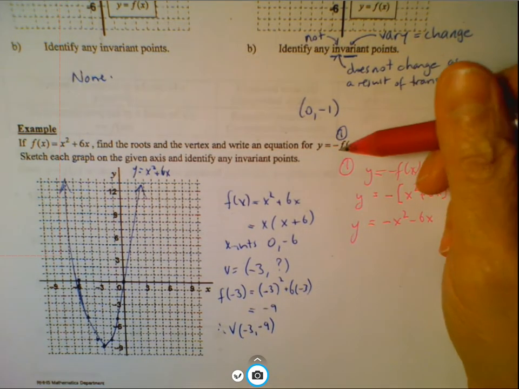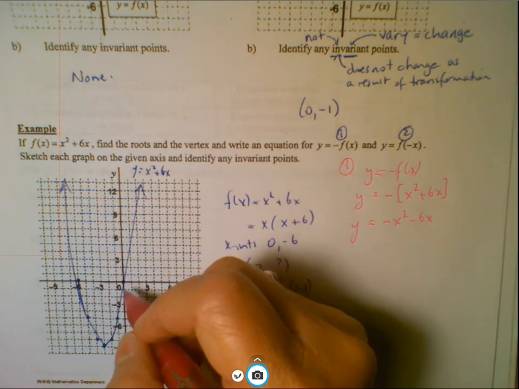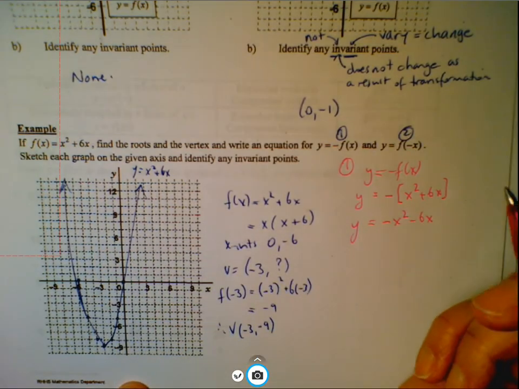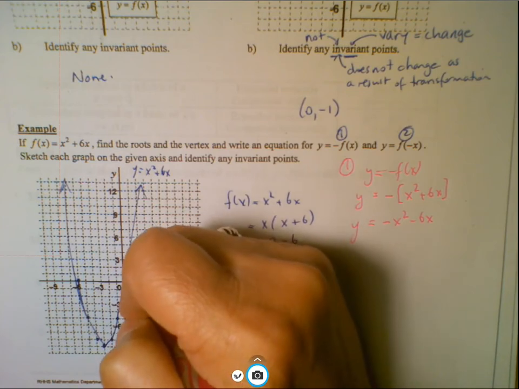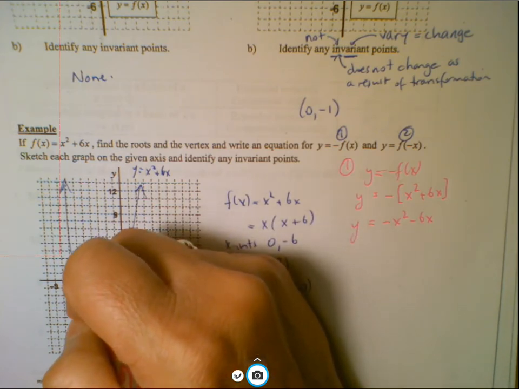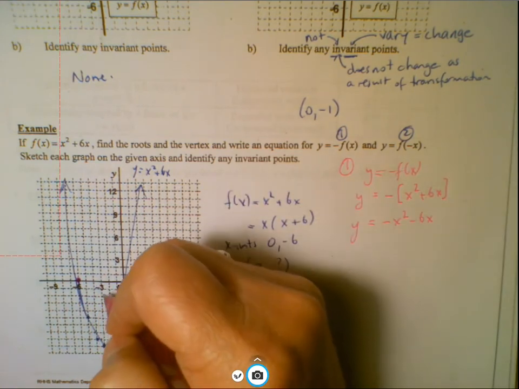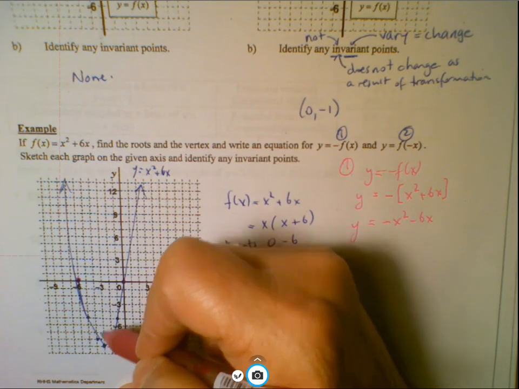But because we know this is a vertical reflection, I don't have to go through all the work of how to graph this thing. I can just take every point that's on this one here and reflect it vertically. So I can see my (0, 0) will stay (0, 0). My (-6, 0) will stay (-6, 0). My (-3, -9) will become (-3, 9).